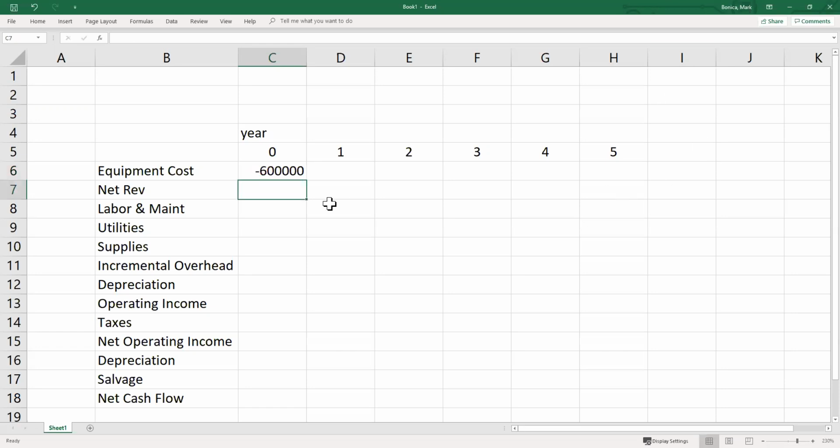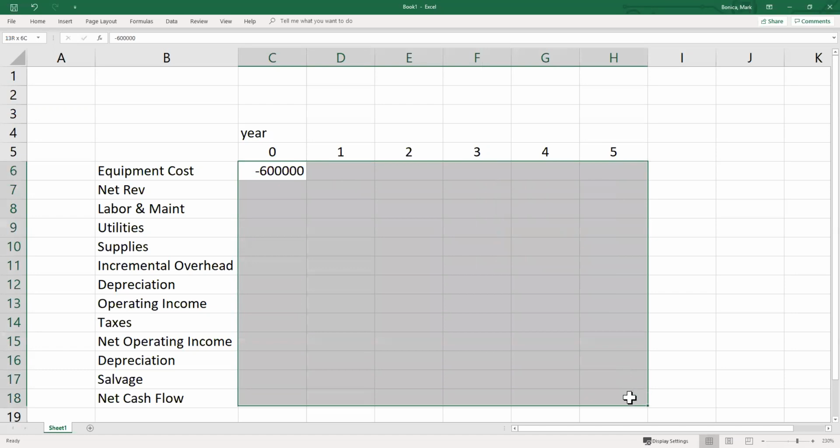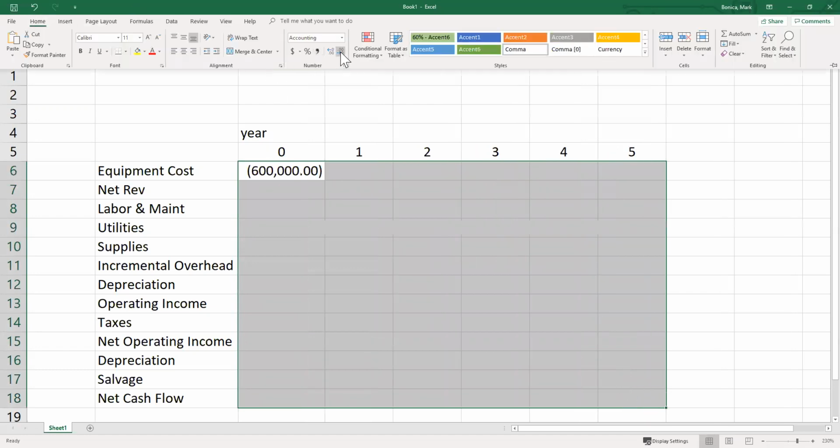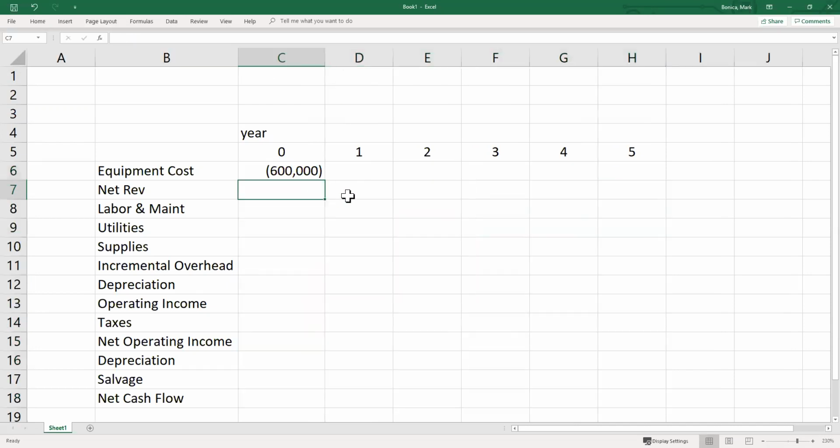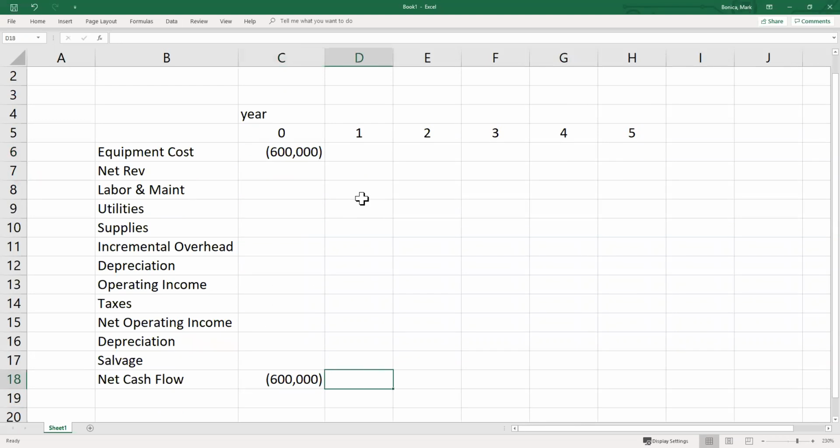Right now I'm going to change all the entries to accounting format. The only thing we're doing at time zero is spending $600,000, so our net cash flow for that year equals negative $600,000.